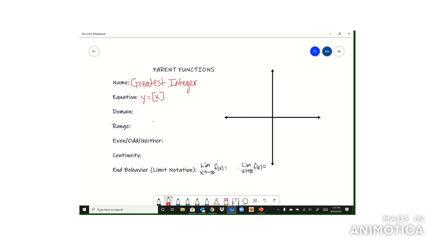Now, sometimes you'll get some teachers that put 2 brackets. I'm going to stick with just 1, but some teachers might put 2 brackets around the x. So it looks really weird. It looks like a stair step. It looks like this, and it continues left as well, so something like this.